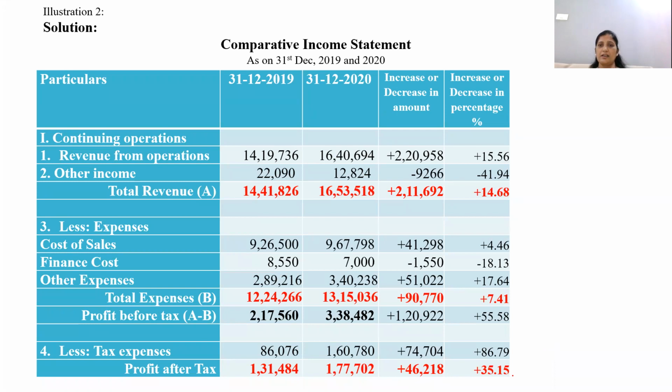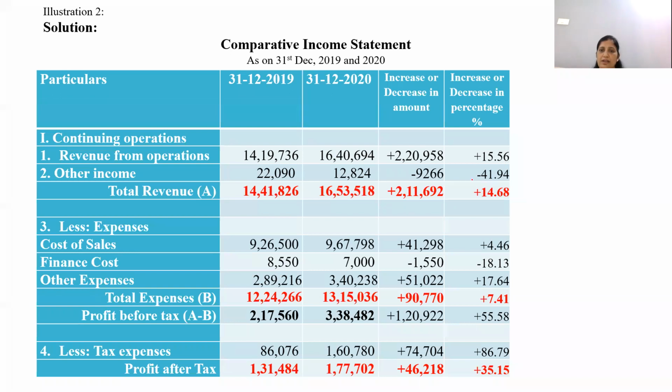Next, you're getting the percentages. So the formula all of you know. For revenue from operations, it is 2,20,958 divided by 14,19,736 into 100. You will get it as plus 15.56%.